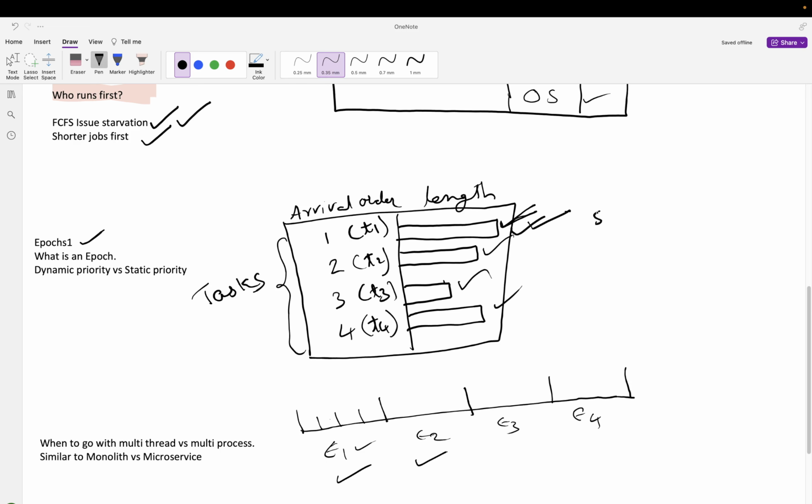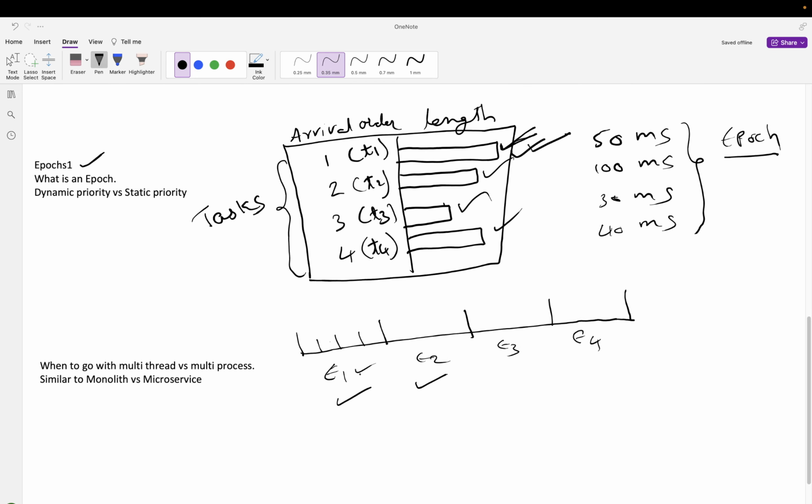For example, it assigns 50 milliseconds to the first task, 100 milliseconds to the next task, 30 milliseconds to T3, and 40 milliseconds to task T4. All these tasks run in one epoch, so everyone gets a chance to run on the CPU. This is the strategy used by operating systems.